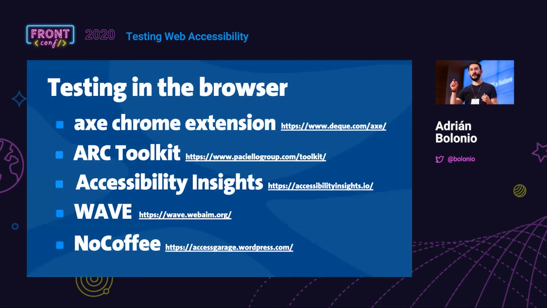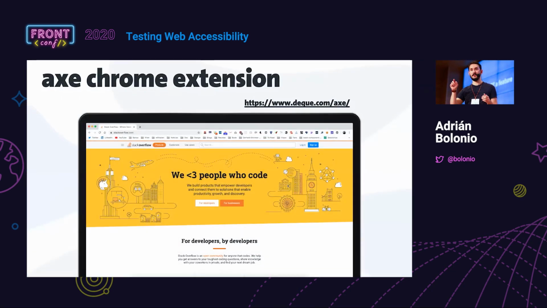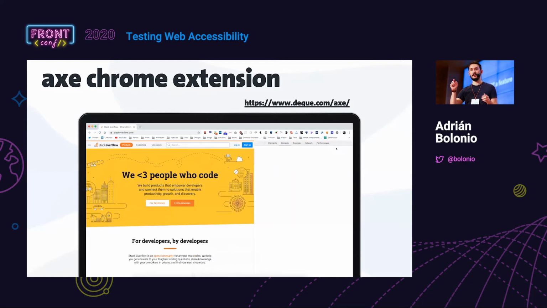So normally for manual tests, I use some extensions in the browser. Again, in my case, I'm using Google Chrome, but I'm sure that most of the extensions are as well available in Firefox, for example. So again, back to the Axe family, we have the Chrome extension for Axe, and then you can find it under the developer tools in your browser.